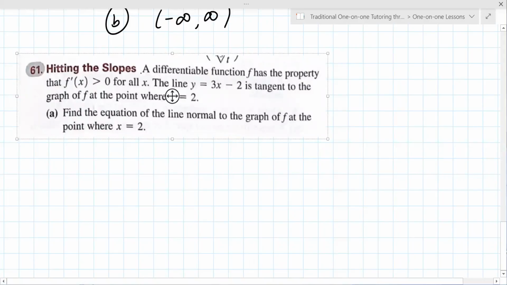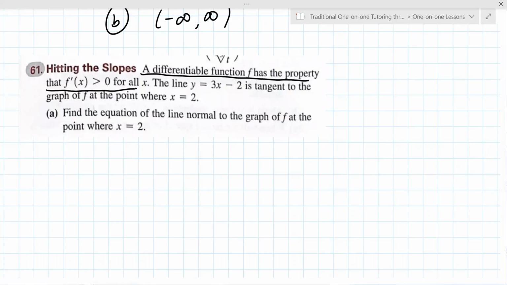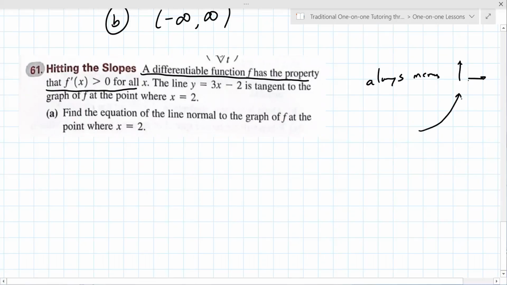What that first sentence means is that it's always increasing, meaning it's always going up and to the right. Something like this is always increasing, for example. There are others, but it's always going up and to the right somehow. It literally could be a straight line too.